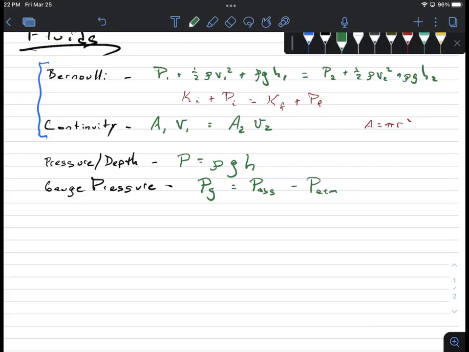However, because everything feels this pressure, it's not really that important. It's like if everybody in the United States was given $1,000, and then you get paid on top of that. Well, that original 1,000 is kind of immaterial. A better example is you're in a class, and I give everybody 10 bonus points.